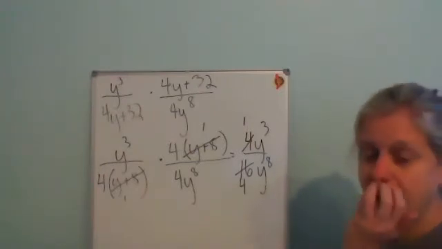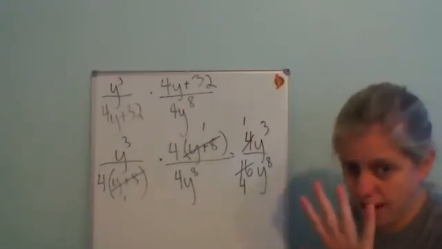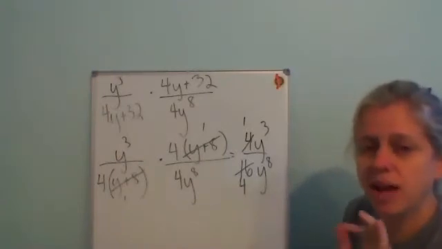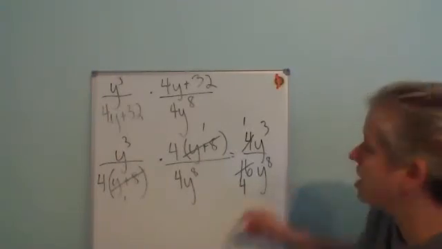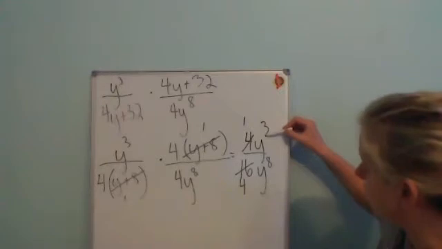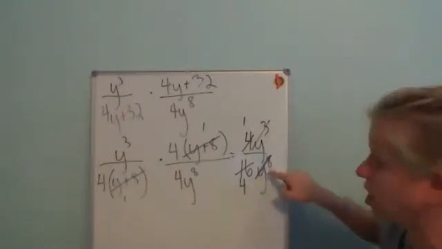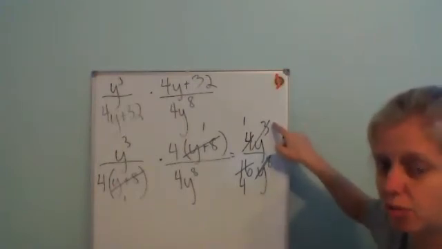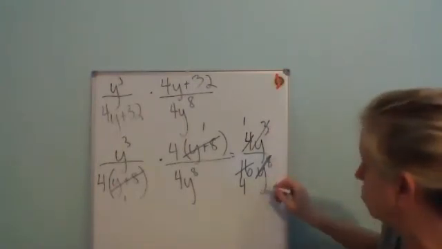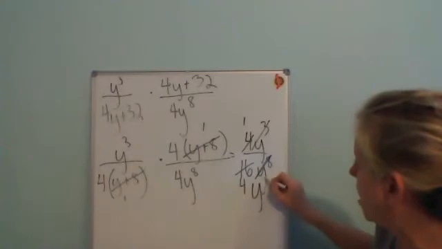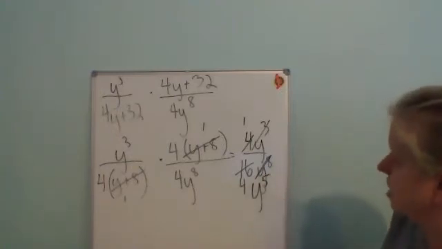So when I subtract, I'm going to have 5 y to the 5th left. But I need to make sure I put it in the right spot. If you have y to the third in the top and y to the 8th in the bottom, your leftovers are going to be where you had the 8, not where you had 3, right? You're going to have your leftovers where you had the most.